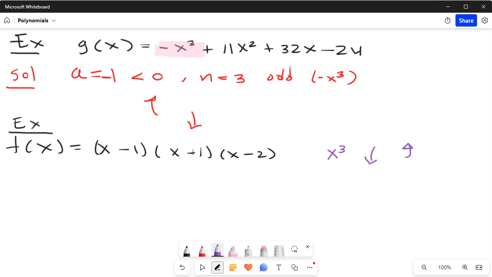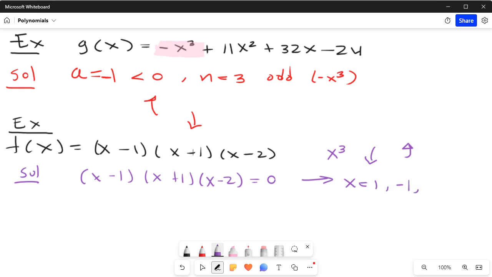But I also know, looking at this, that there are x-intercepts, because you have x minus 1 times x plus 1 times x minus 2, and these all equal 0. If you set each of those equal to 0, then you get 1, negative 1, and 2. So we have the ordered pairs negative 1 comma 0, 1 comma 0, and 2 comma 0.